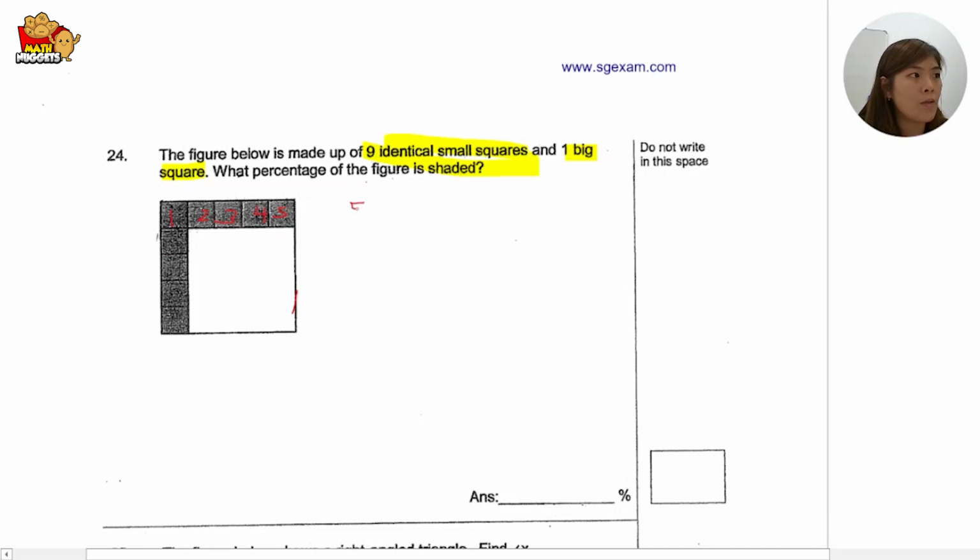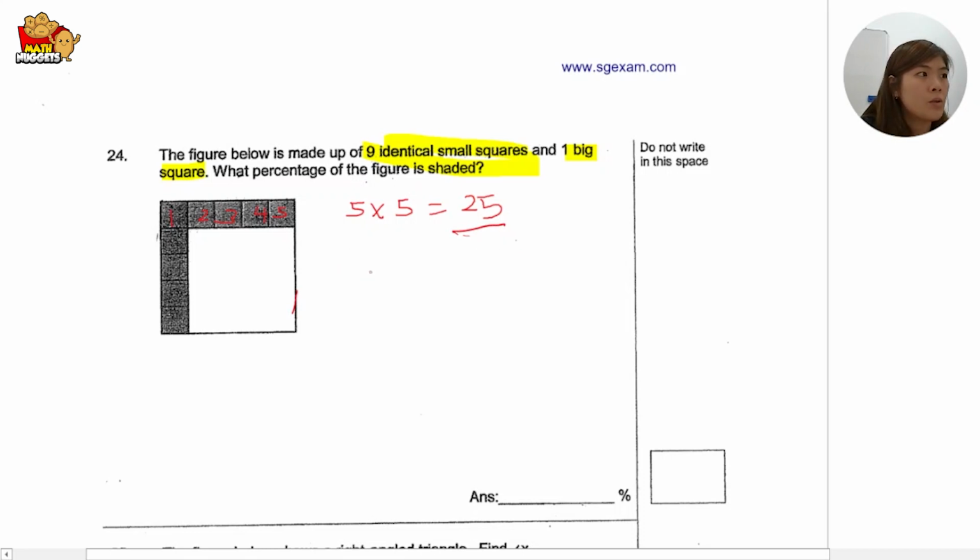So 5 multiplied by 5 is 25, meaning there are 25 small squares in the big square.